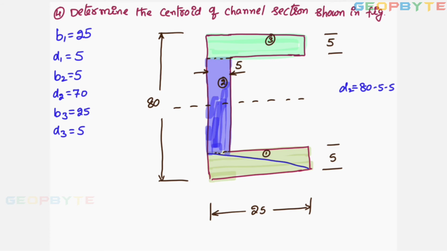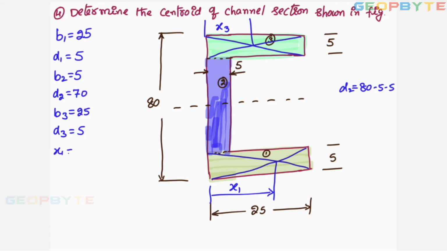Now join the diagonals for section 1. Wherever the diagonals are meeting, that is the x1. Look at the x1. Of course, x1 and x3 both are identical. So this is the x3. x1 is equal to x3 is equal to 25 by 2 with respect to units.